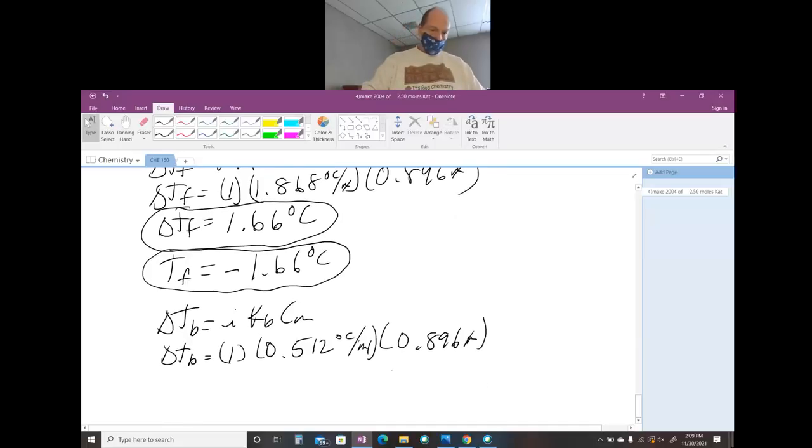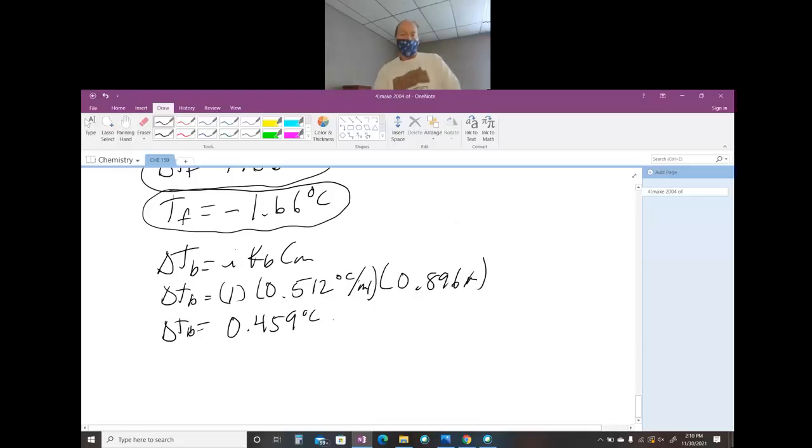So our delta T sub B, when we push the buttons, is 0.459. Except that wasn't the question. The question wasn't what is the boiling point elevation. The question was, what's the boiling point? So the temperature of boiling went up by 0.459. The boiling point of water is 100, and so now it is 100.459 degrees Celsius.